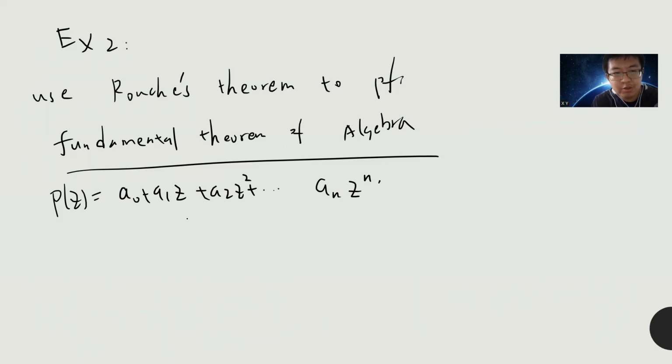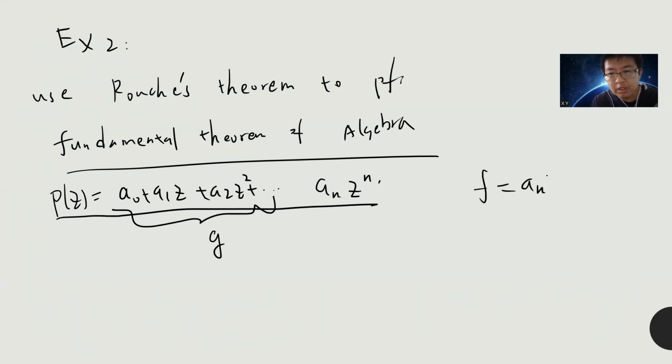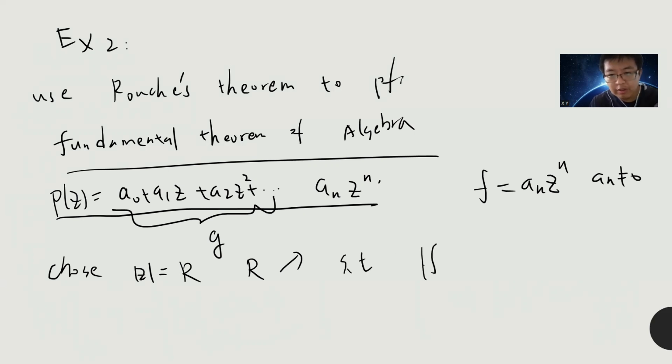Okay, so our idea is I want to show that P has n roots, right? It's very simple: I can let the rest be g and f to be a_n z to the n, where a_n is non-zero. And I can choose the radius R large enough, so R can be very, very large, such that |f| is greater than |g|. This is possible, right?